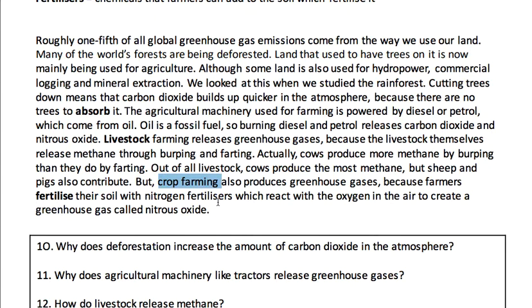That is because the farmers use something called nitrogen fertilizers. Nitrogen fertilizers are put in the soil to add nutrients to the soil to make the crops grow faster. But the nitrogen in the fertilizer reacts with the oxygen in the air, creating a greenhouse gas called nitrous oxide.